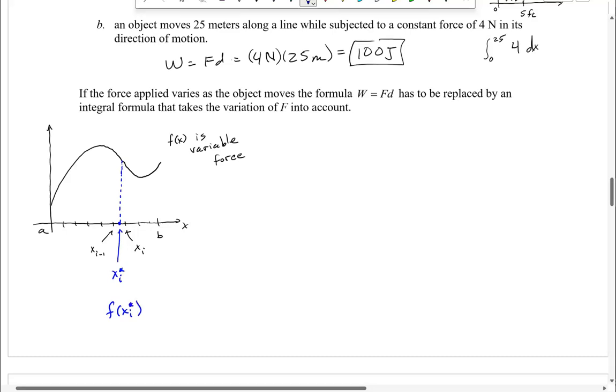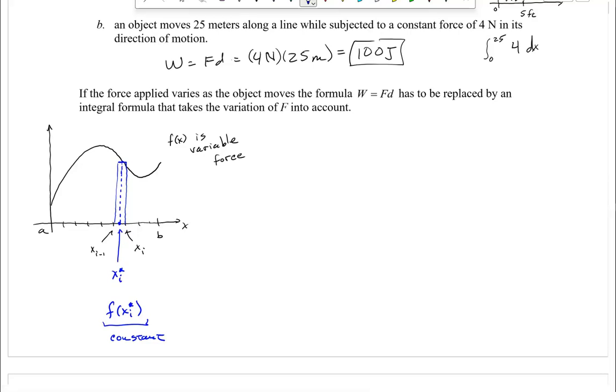So we can think of that as a little constant here. Imagine a little horizontal line over this one interval. This is now a constant force because I've plugged a specific x value into my variable function for the force f.